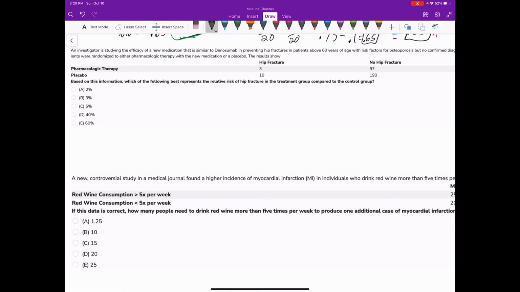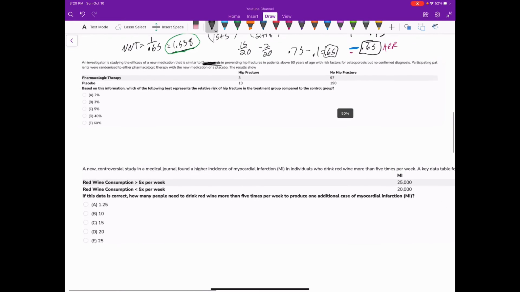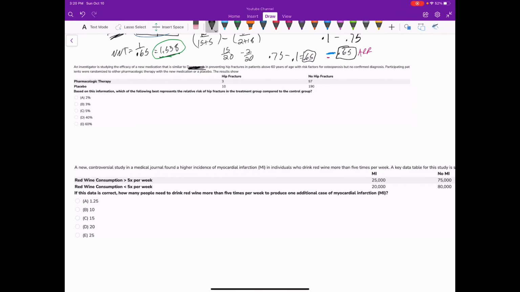Moving on. An investigator is studying the efficacy of a new medication that is similar to denosumab. No idea what that is. It's irrelevant. You can cross them out. In preventing hip fractures in patients above 60 years of age with risk factors for osteoporosis, but no confirmed diagnosis.